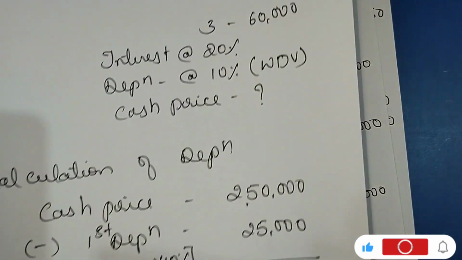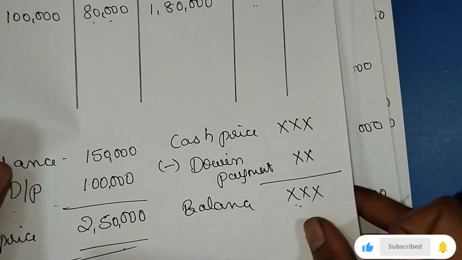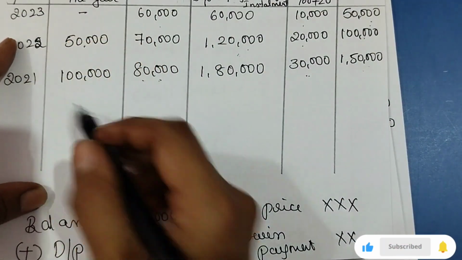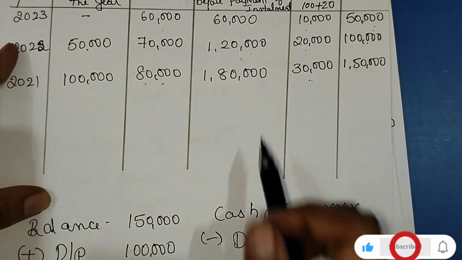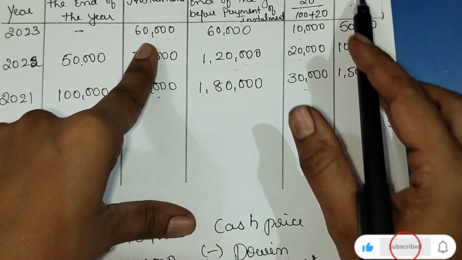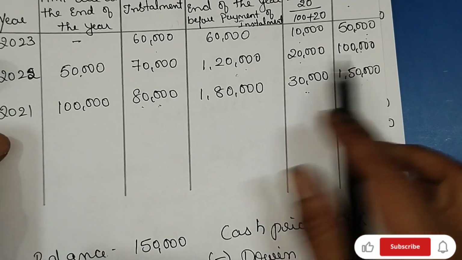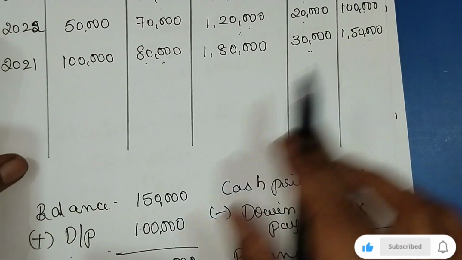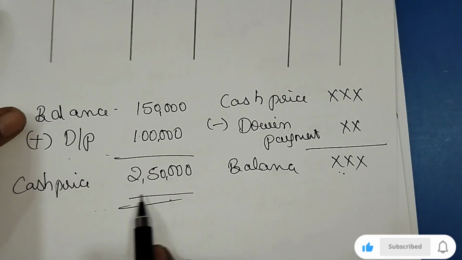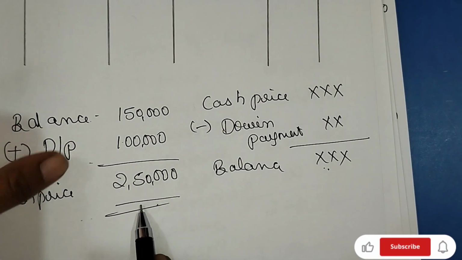So first we calculated the cash price of the asset by writing in reverse order, and deducted the interest from the installment. We found the principal amount. By calculating the beginning of the year balance, we added the down payment to that balance and received the cash price.